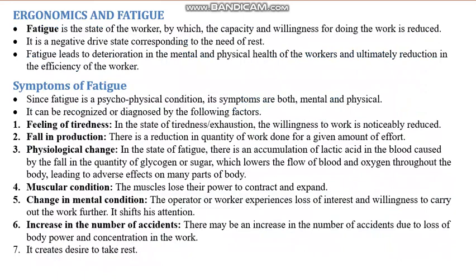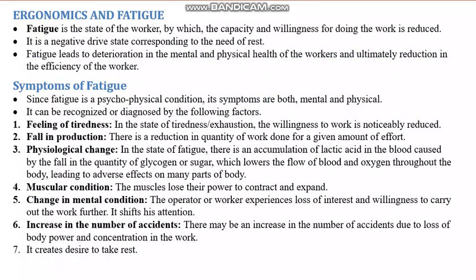It is a negative drive. Fatigue is not a positive thing. You cannot say, oh, I'm happy because I have fatigue. It is something undesirable, a negative drive, and it corresponds to a state where we have a need for rest.